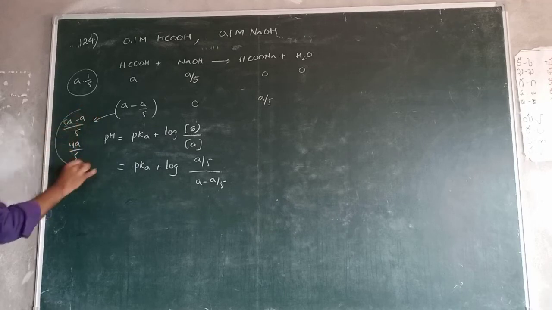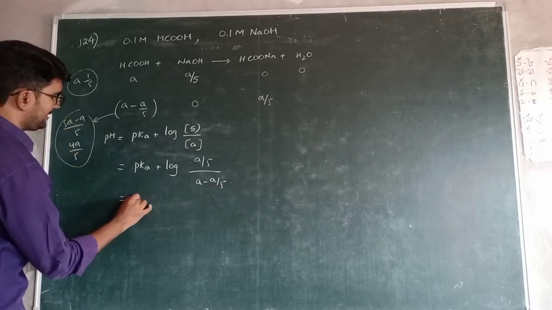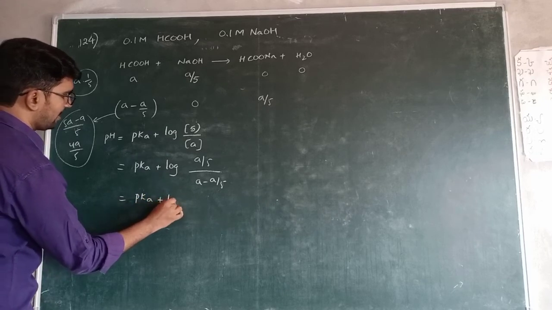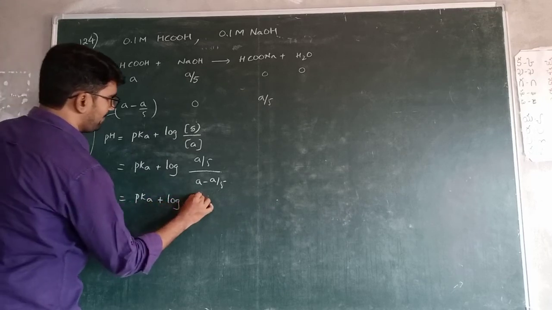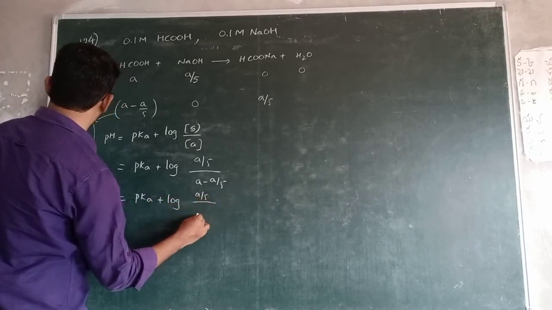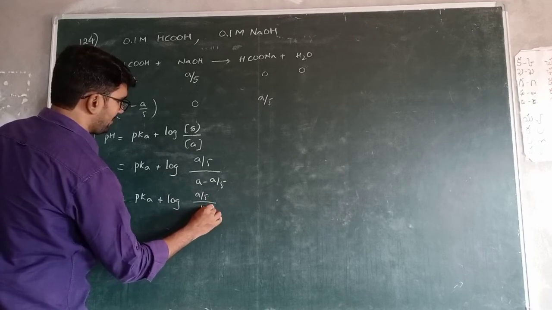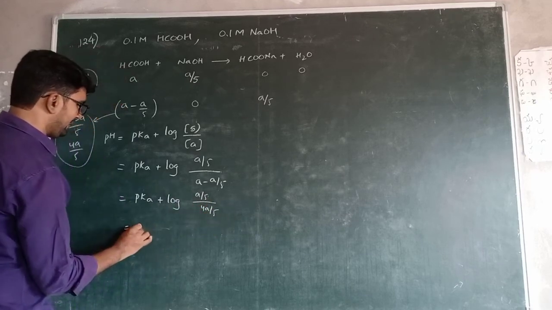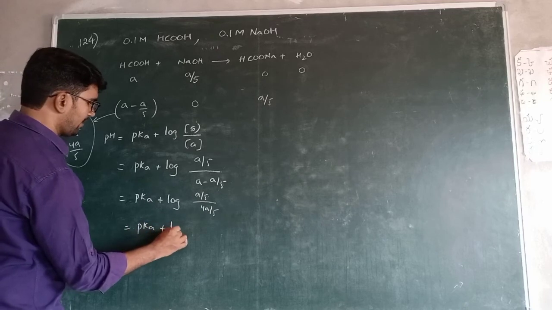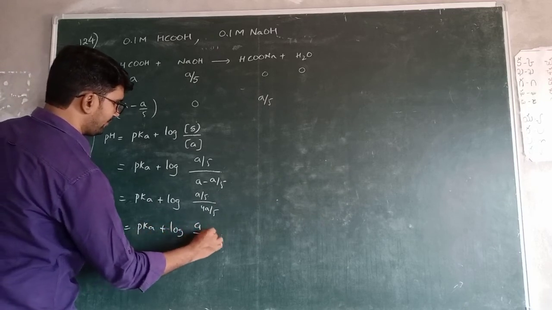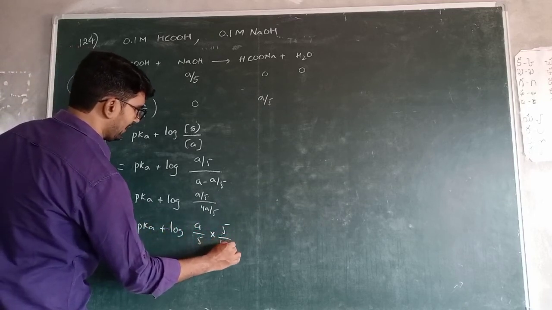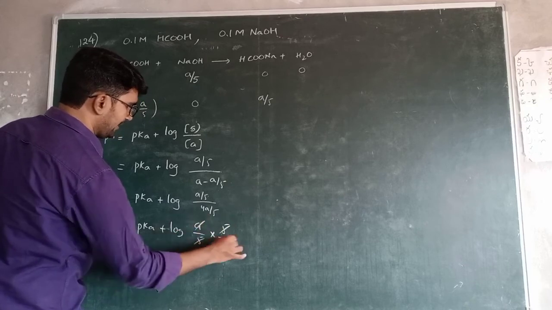So this is pKa plus log of A by 5 divided by 4A by 5. So pKa plus log A by 5 into 5 by 4A. 5 cancels, A cancels.